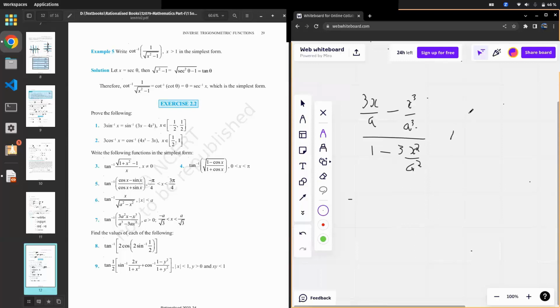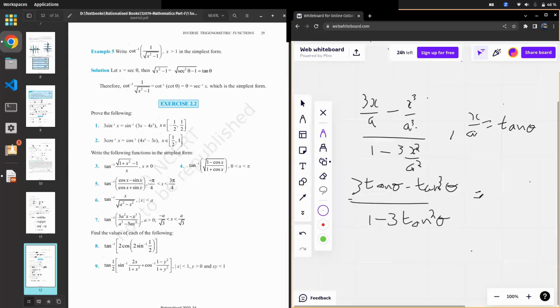So here, if we substitute x by a equal to tan theta, we will get the simplified version of 3 tan theta minus tan cube theta divided by 1 minus 3 tan square theta. This is the formula for tan 3 theta. So this is simplified to tan 3 theta. And since there is a tan inverse for this expression, we will get our required value as tan inverse of tan 3 theta.